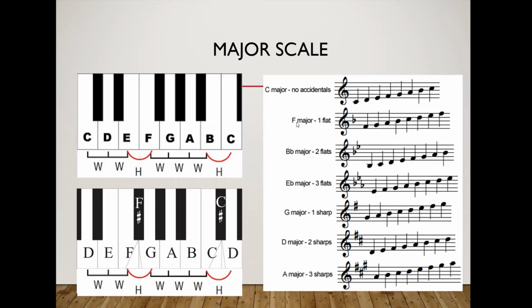If we wanted to create an F major scale, so we wanted to start a major scale on F, that's possible, but then we have to actually flat our B by a half step. So it has B flat in the key signature, right? And with sharps, let's look at G major. If we wanted to use a G major scale in our piece, we would need to raise the F of the scale by a half step.